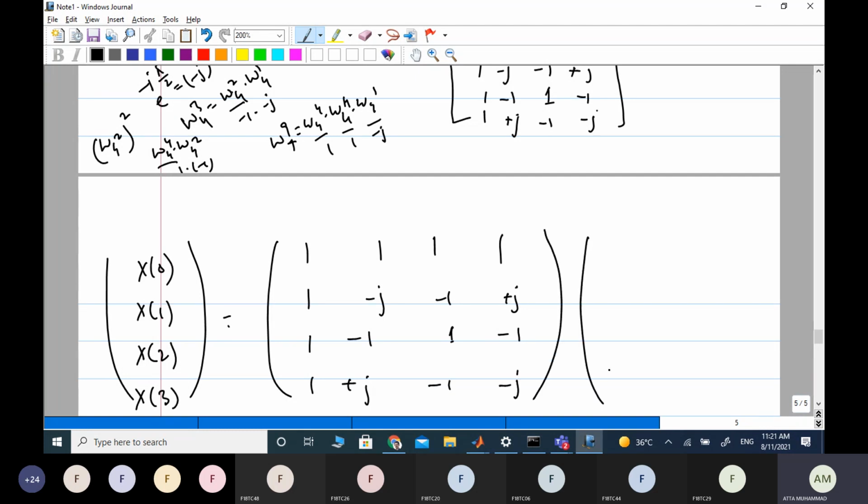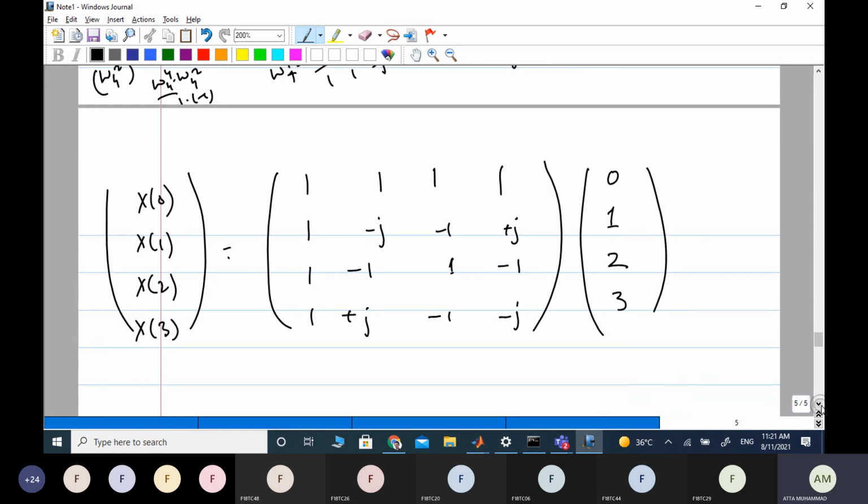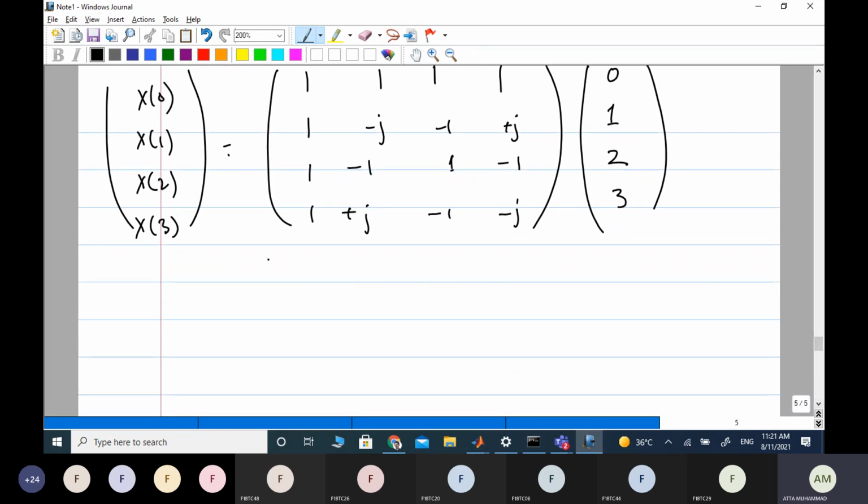And then we have x of 0. The value of x of 0 is 0. The value of x of 1 is 1. The value of x of 2 is 2. And the value of x of 3 is 3. Now all we need is to solve this matrix and we will get the result. So let us solve it.